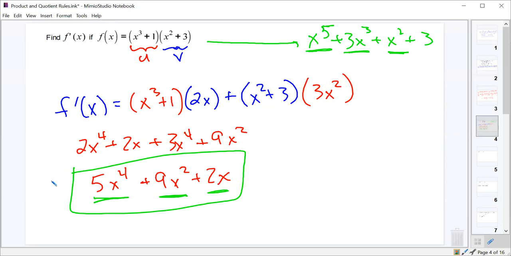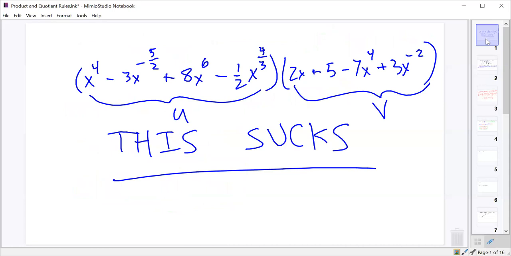Makes sense. Cool. Now, you might be thinking, well, why didn't we just distribute this out? Distributing it out and using the power rule would have probably been easier than going through with the product rule. You're right, it would be. But for something like this, just using the product rule, if we don't need to distribute it out at the end to get one single long list of terms, it's a lot easier to just use the product rule.